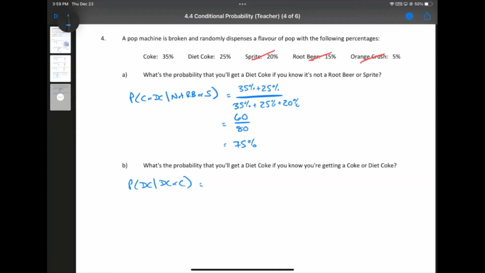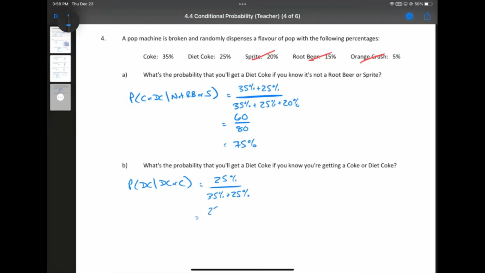and again, if you just want to do A given B and not put these descriptions in, that's fine too. It's just going to be 25 over 35 plus 25. And again, leaving the percents off there doesn't change anything since all you're really doing is multiplying top and bottom by 100. That's okay.